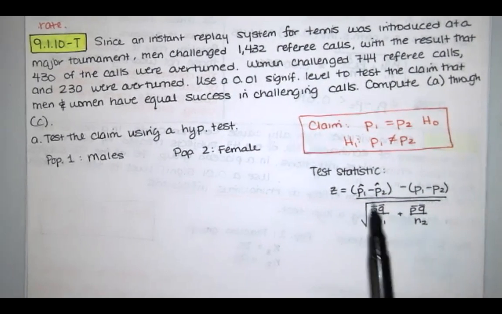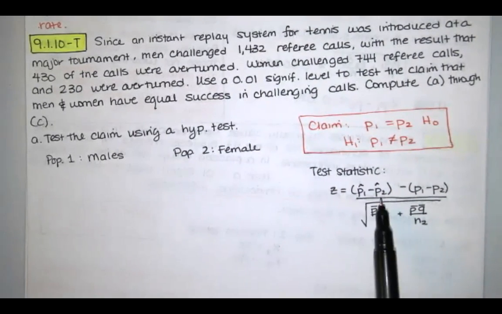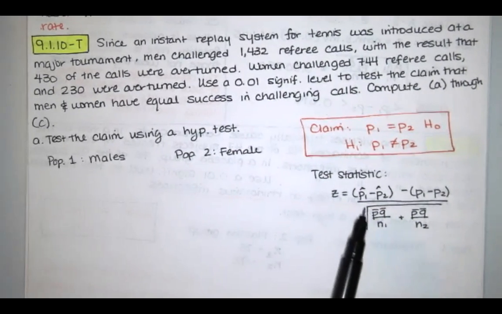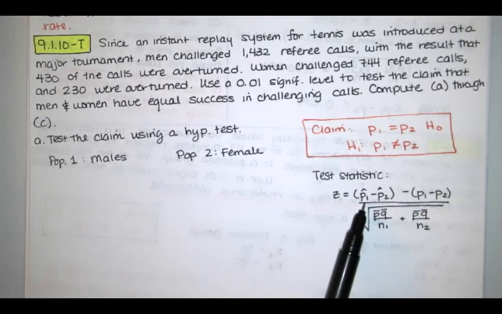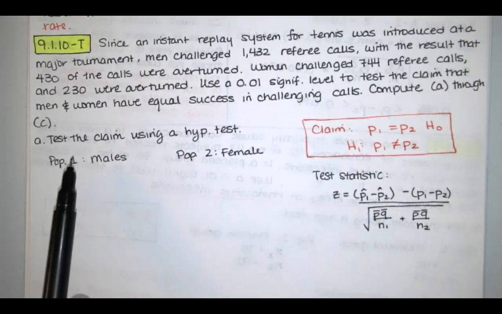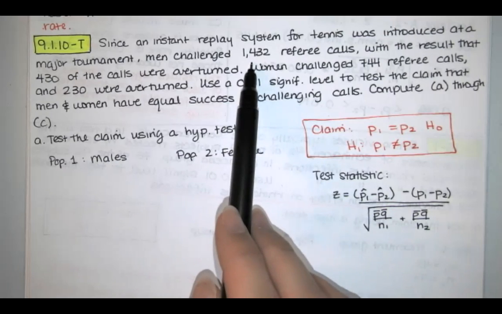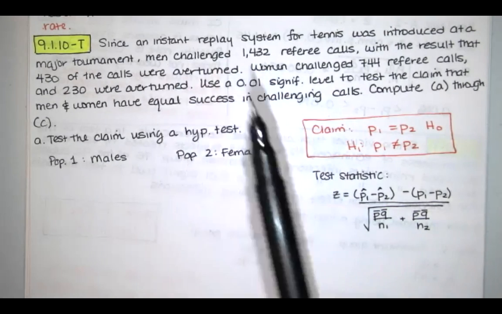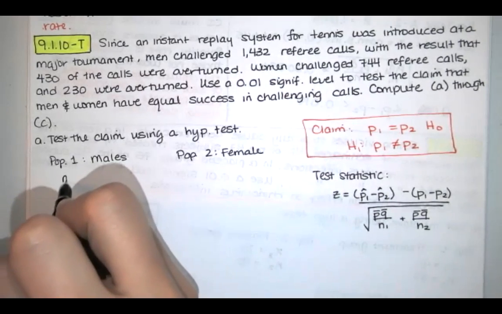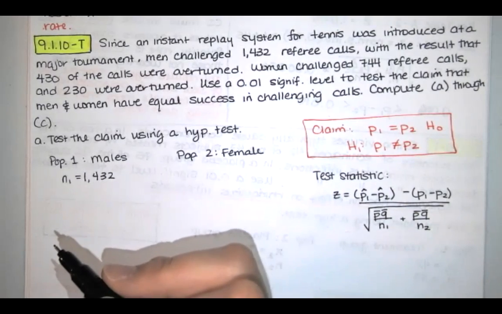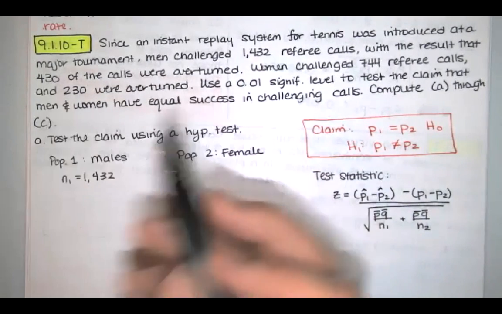But in order to use this formula, we need to compute p1 hat, p2 hat, and this pooled sample proportion p bar and its complement q bar. So let's identify p1 hat and p2 hat. We are told that our first population is the population of males. The sample involving males challenging referee calls includes 1,432 males, and 430 of those calls were overturned.